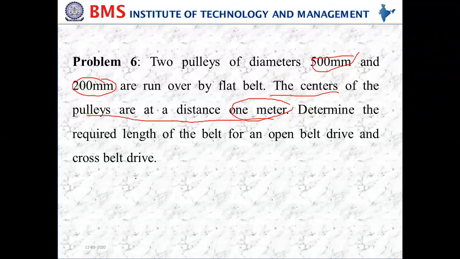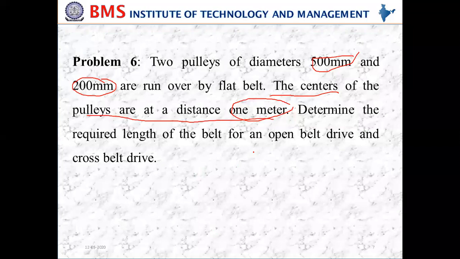Similarly, the length of the belt for cross belt drive is also derived: L is equal to pi into R1 plus R2 plus 2x plus R1 plus R2 whole square by x. So use that equation for cross belt drive and get the length of the belt.